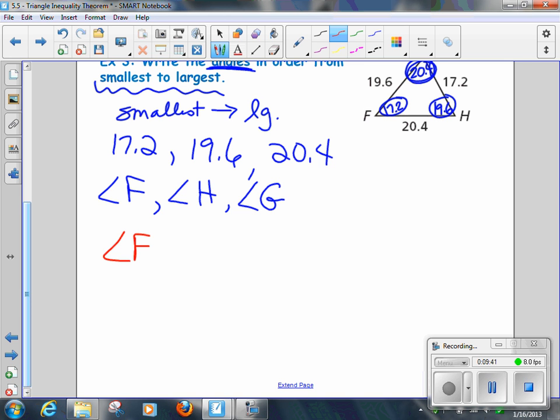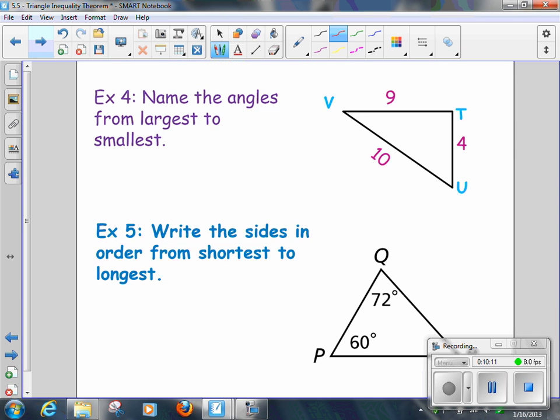I can write angle F is less than angle H, which is also less than angle G. You might see, and I would prefer if you wrote it this way: if you're putting it in order from smallest to largest, then you need to write those symbols as less than symbols. Okay? Does that make sense? Everybody cool? Let's roll on.